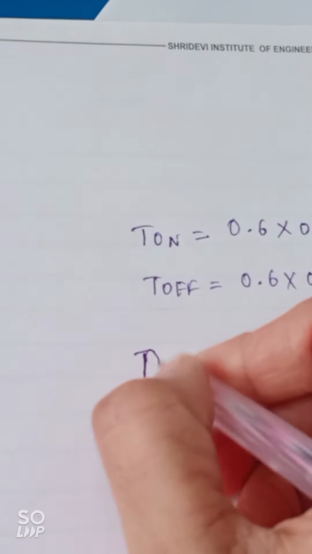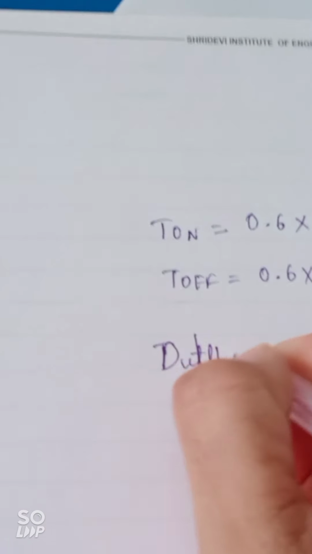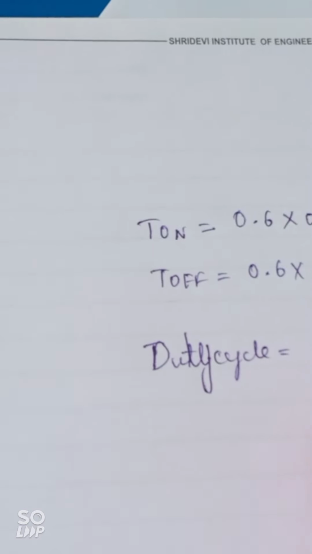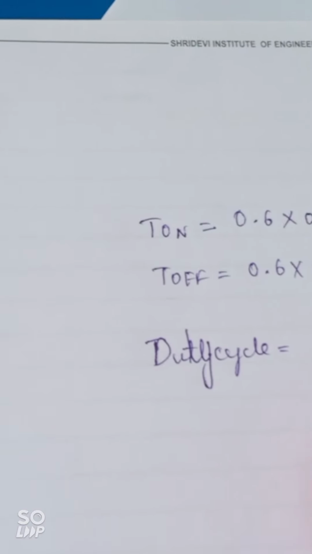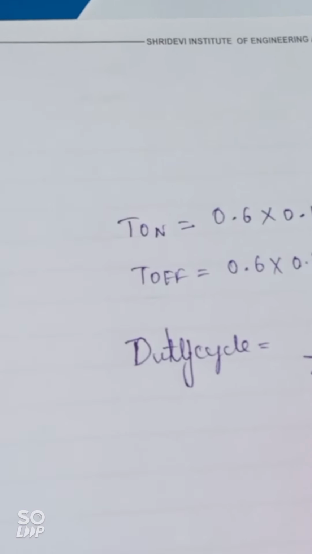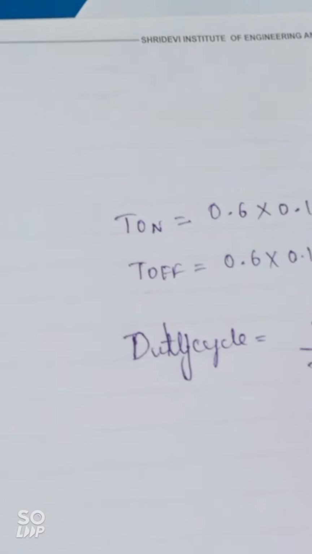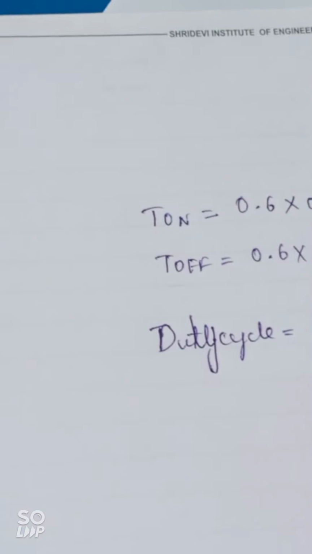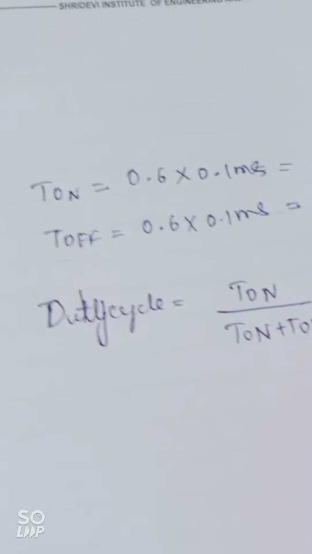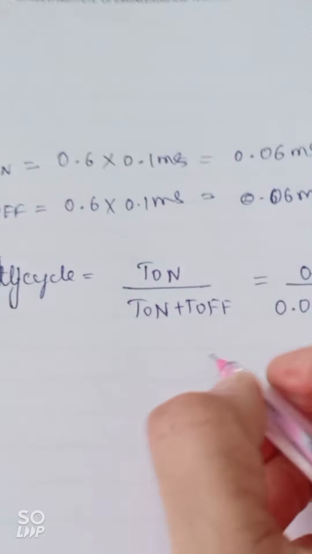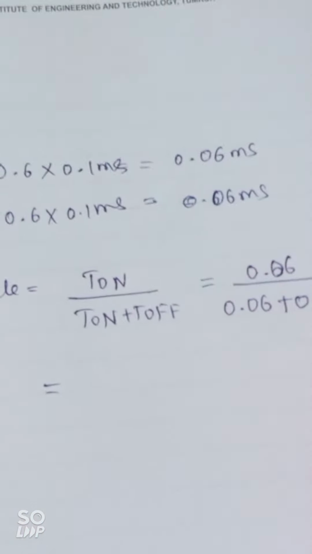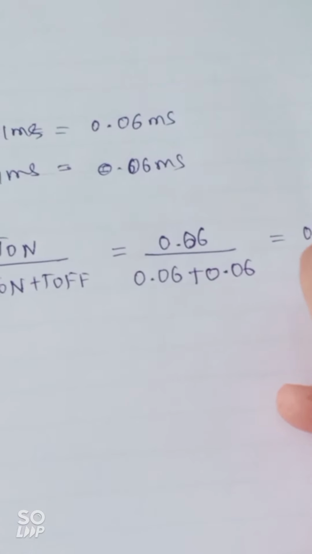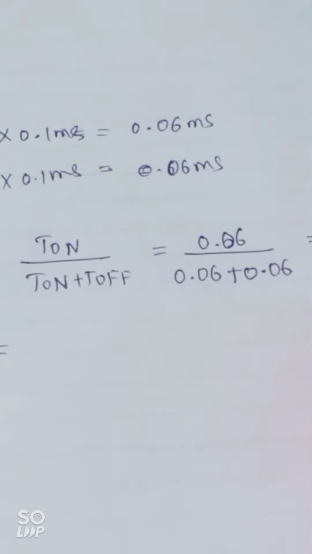So what is our duty cycle? Duty cycle is T on divided by T on plus T off. So 0.06 divided by 0.06 plus 0.06, which is 0.06 divided by 0.12.